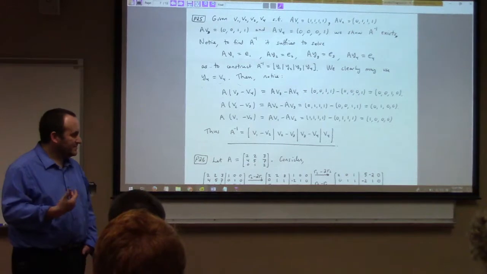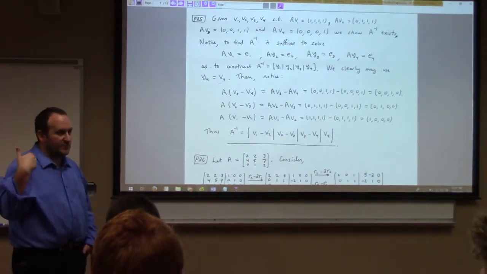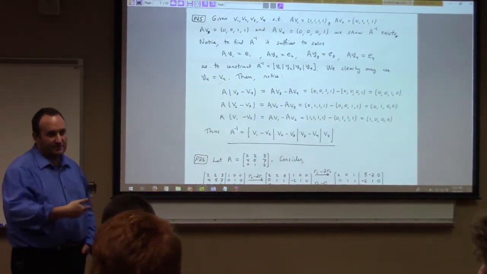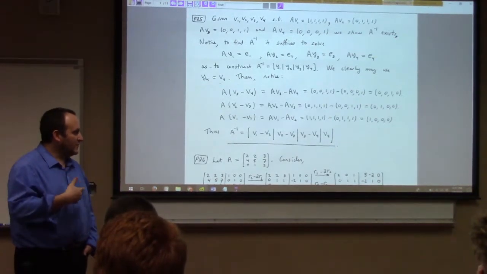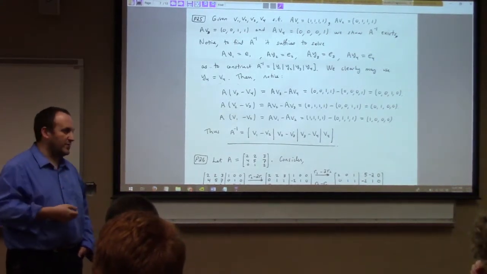So yes, row reduction of the matrix augmented by the identity is a nice way to calculate the inverse. But you should be aware there are other ways of approaching it.